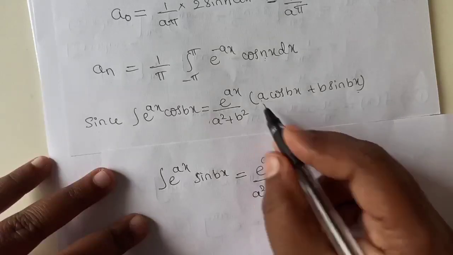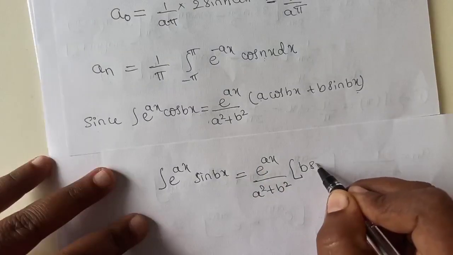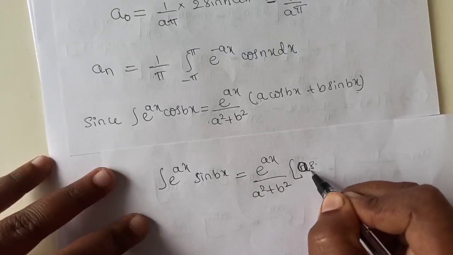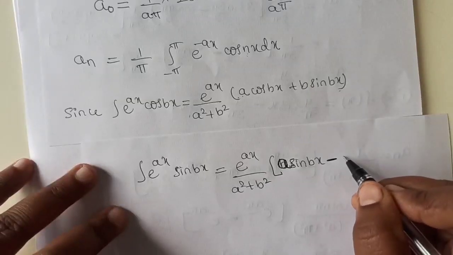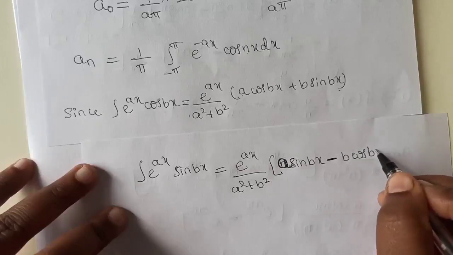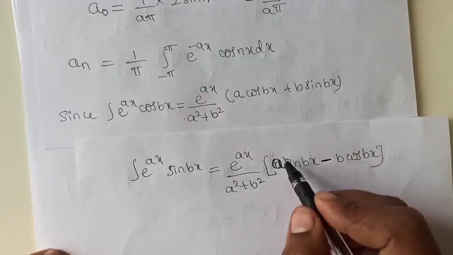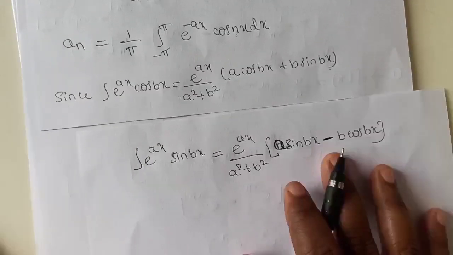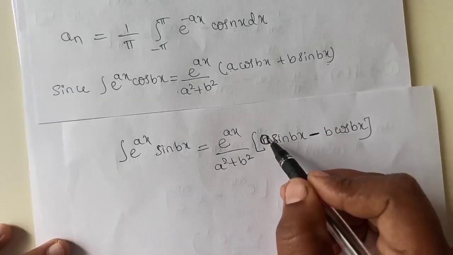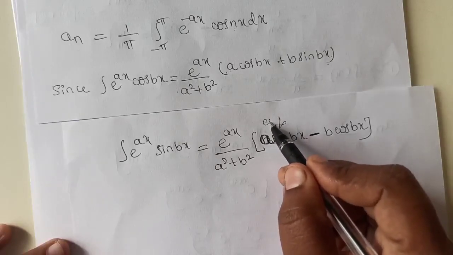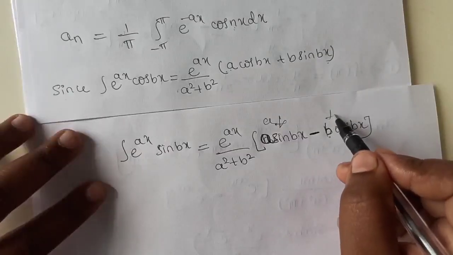So here a as it is, instead of cos we get sin bx minus b cos bx. After simplifying, at the last step, the cos terms and sin terms cancel. The coefficient of sin is a, so that a term cancels, and only we get b. So b in our case is n.